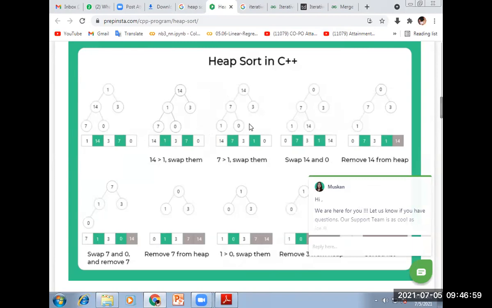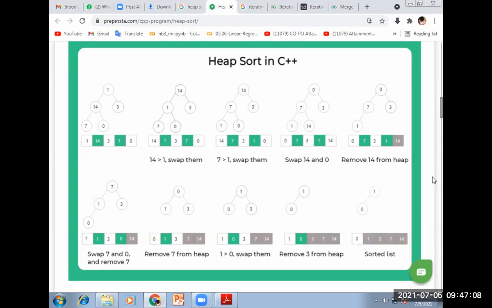We compared, and 0 comes there, and in this way we sort the elements in this order. This one we are constructing as a max heap. So what do we have to do?